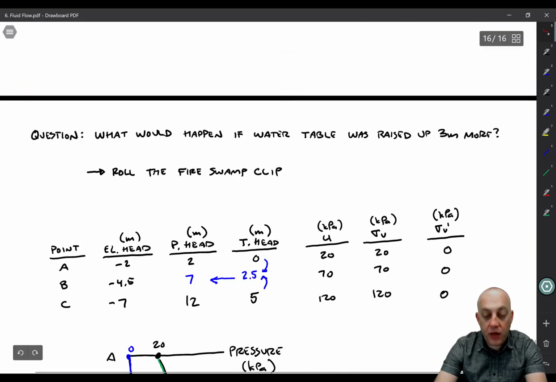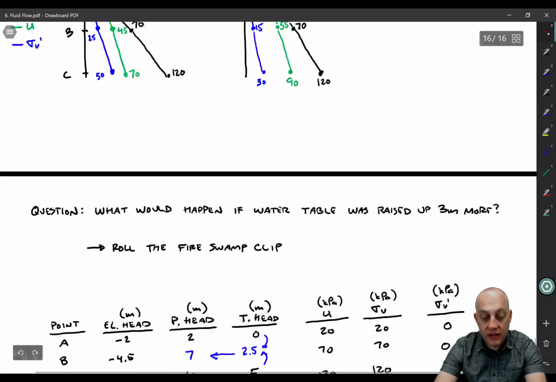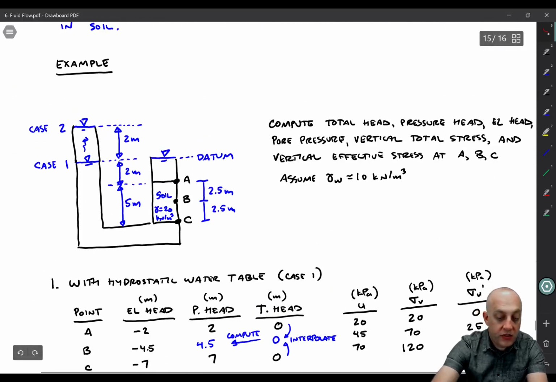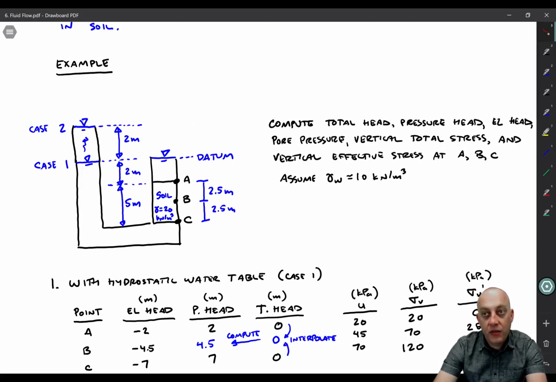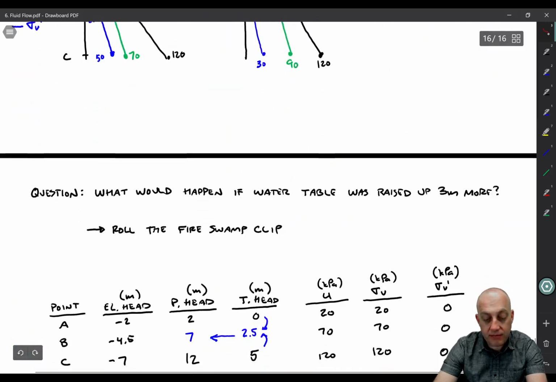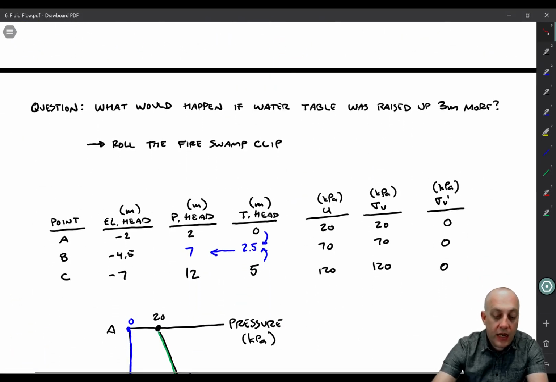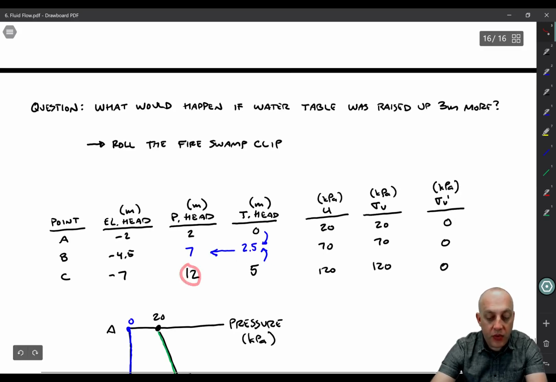Okay, now what if the water table was raised up 3 meters more on the left side? We've already raised it 2 meters, and we saw that the effective stress decreased. Well, let's see what happens if we raise it 3 additional meters. So now the pressure head at point C is 12 meters, right?